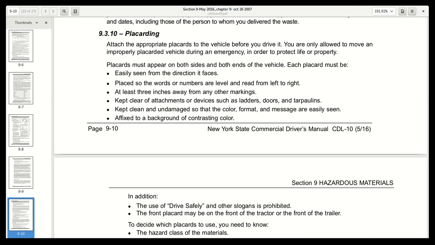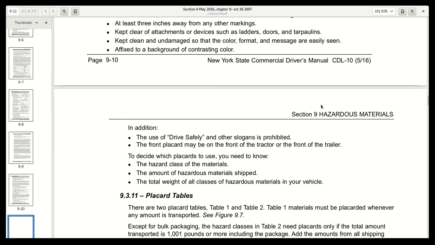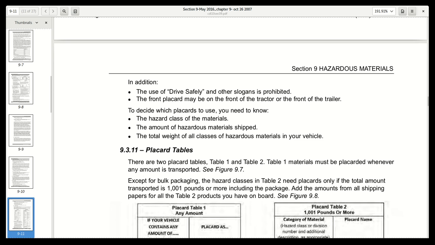Placards must be affixed to a background of contrasting color. In addition, for each placard, the use of "Drive Safely" and other slogans is prohibited. The front placard may be on the front of the tractor or the front of the trailer.